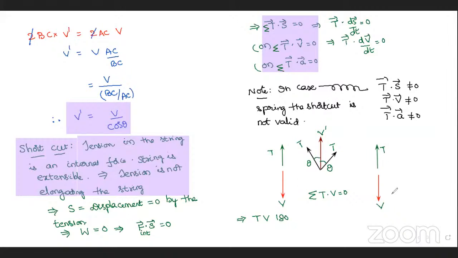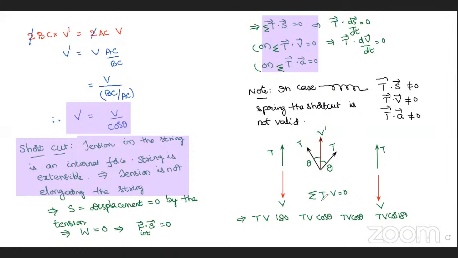This part is over. And here, last part, shall I write again TV cos 180? Yes. And here T and V dash, what is the angle? Theta. So TV dash cos theta. There also T and V dash angle is theta. Yes, TV dash cos theta.